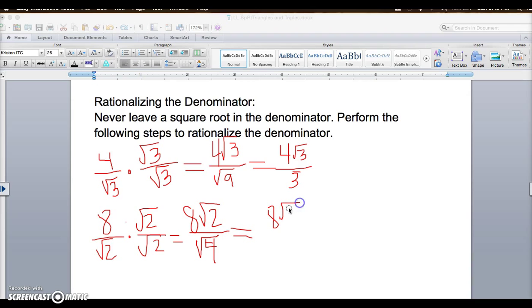Square root of 4 is now 2. But this will simplify. 8 divided by 2 is 4. So the final answer is 4 times the square root of 2. And that would be the correct answer.